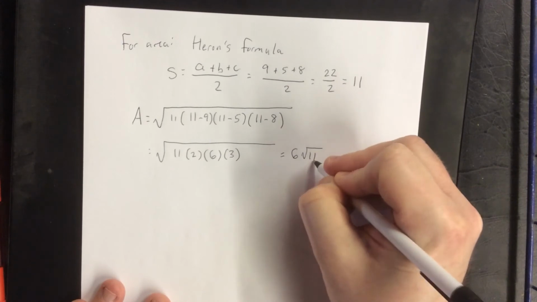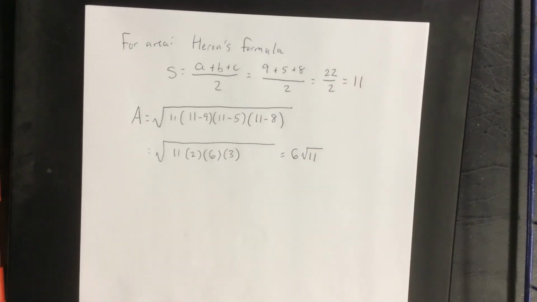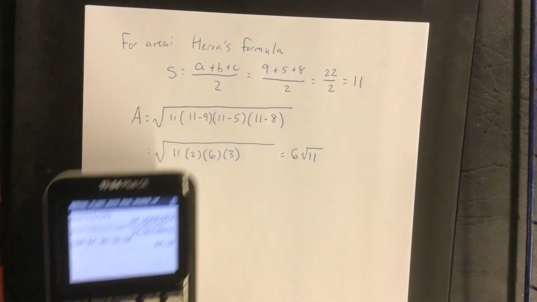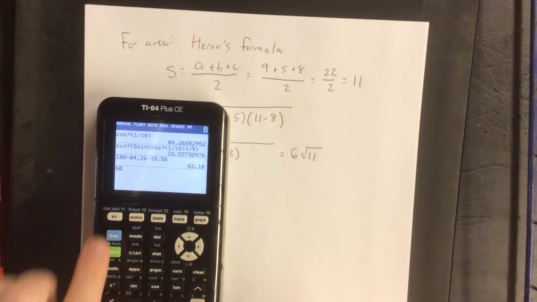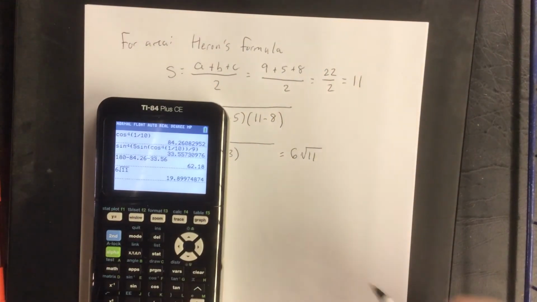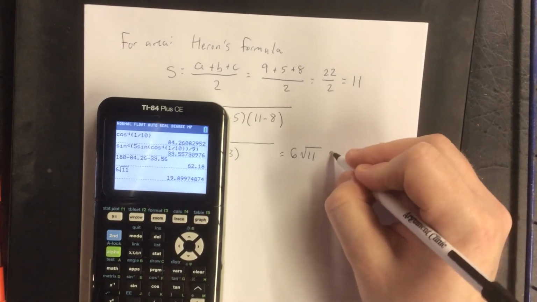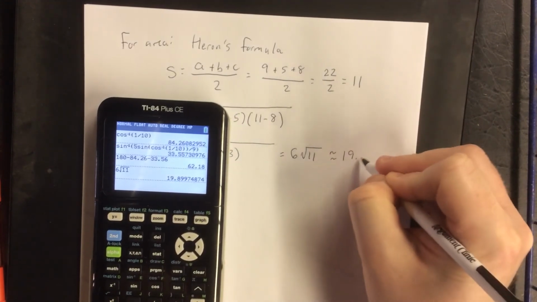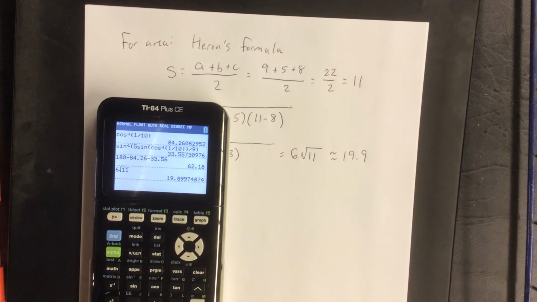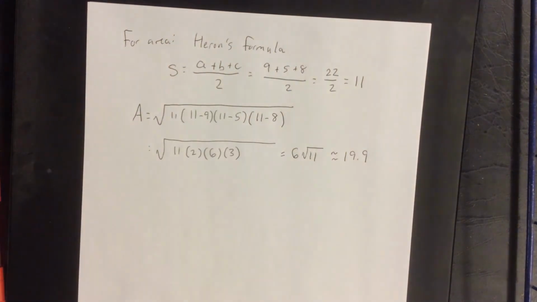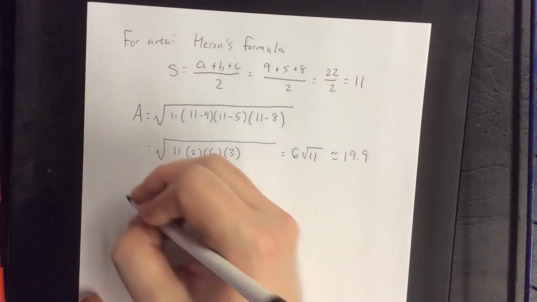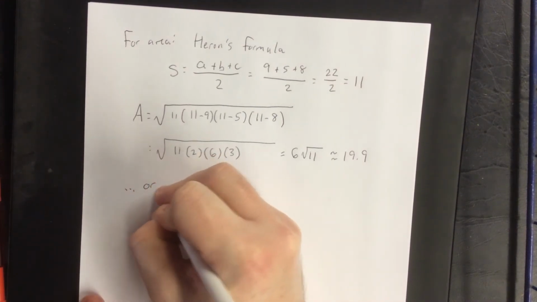The 11 sticks around. So 6 square roots of 11, or if we approximate that in the calculator, we'll call that just about 19.9, rounding up the first decimal place, or the second, or the third. Wow, that's really close.